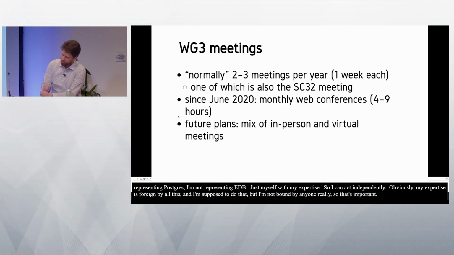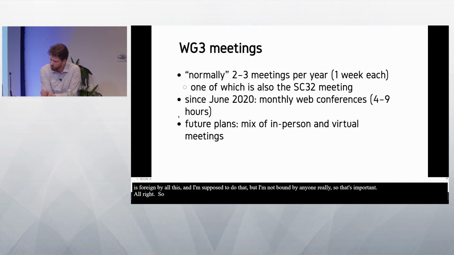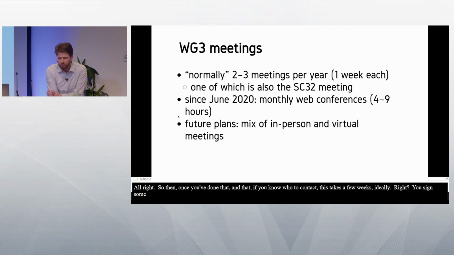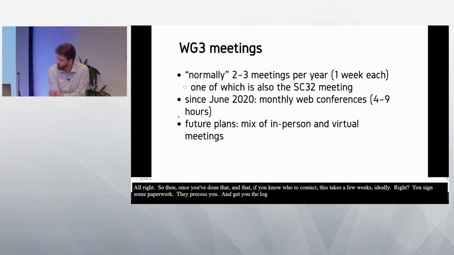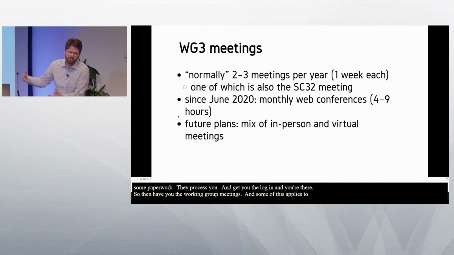All right, so once you've done that, and if you know who to contact, this takes a few weeks, ideally. Right? You sign some paperwork, they process you, and get you the login, and then you're there. So then you have the working group meetings, and some of this applies to other working groups, C++ working groups, and some of that is very similar.